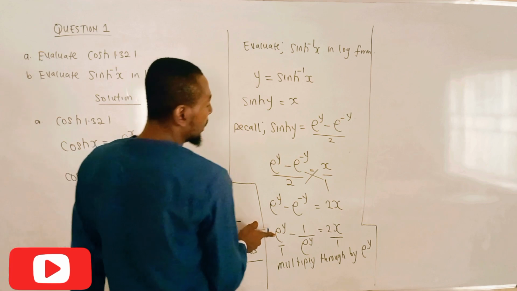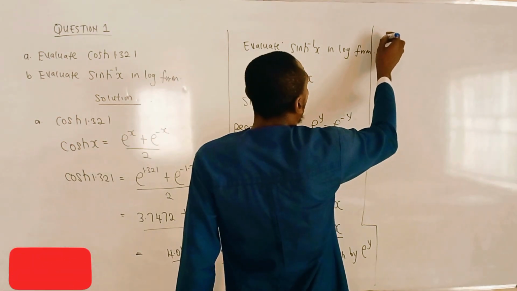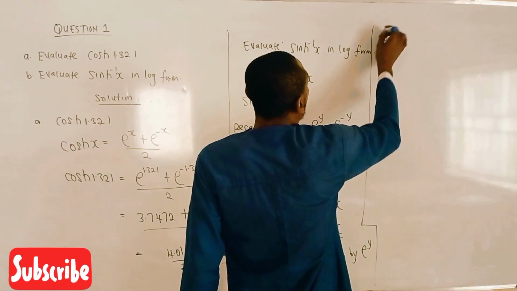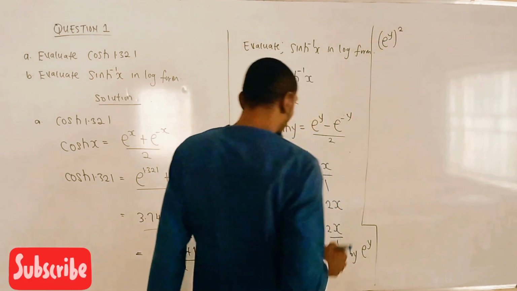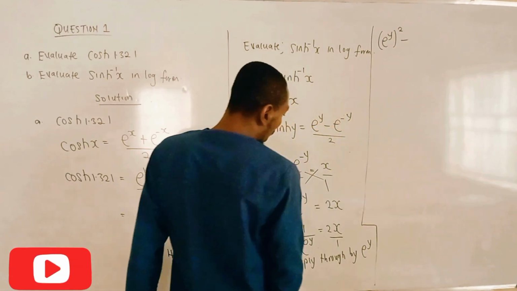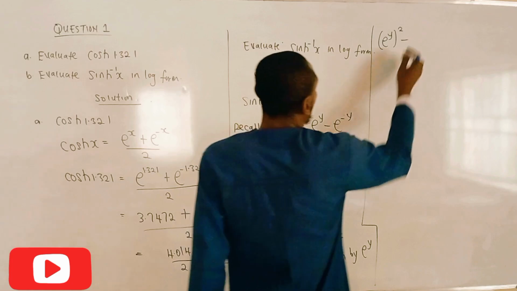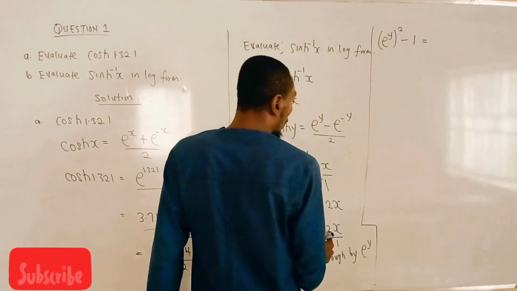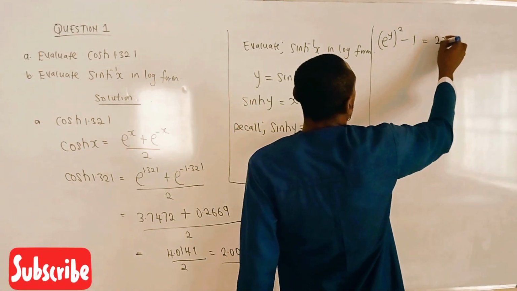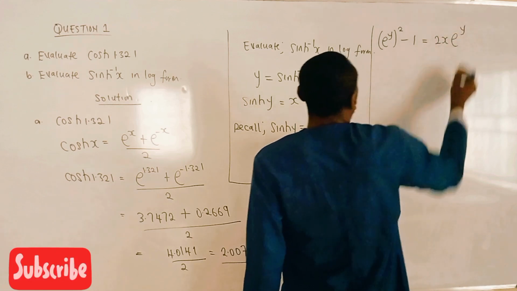Exponential y multiplied by this gives exponential y all squared, minus exponential y multiplied by this guy to cancel out, so we have minus 1. Exponential y multiplied by 2x is 2x exponential y.